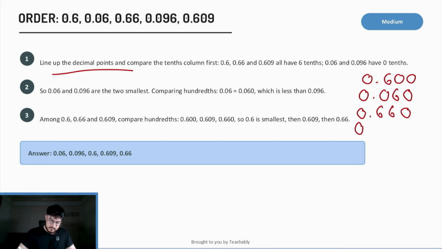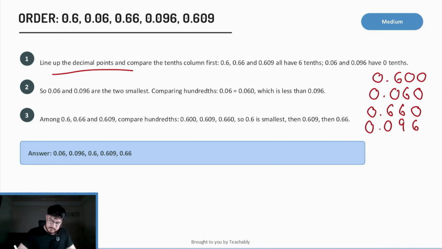Then it's going to be 0.096. And I'm running out of space here, so I'm just going to move it slightly. And then we've got 0.609.